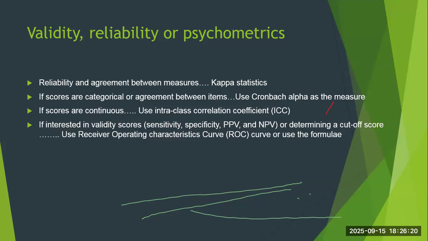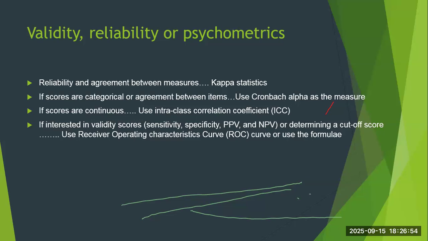Now, when you have that kind of scenario, you will cross-tabulate them. Just do cross-tabulation. You will be able to pick your true positive, which is when your new test picked it as present, and then the culture also picked it as present. Then a false positive is where the test picked it as positive, but the gold standard picked it as negative. True negative is where the test picked it as negative and the gold standard also picked it as negative.